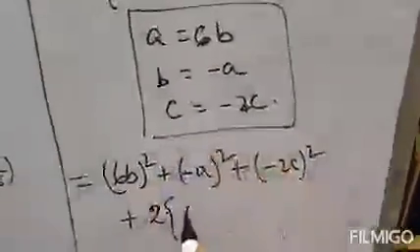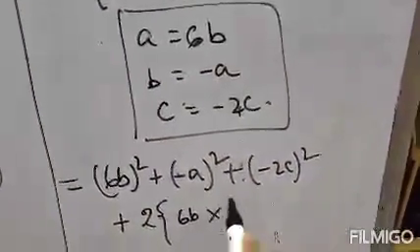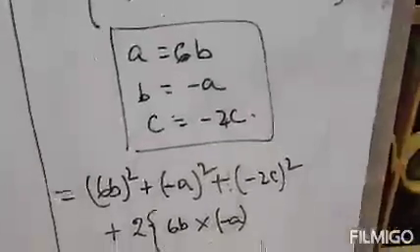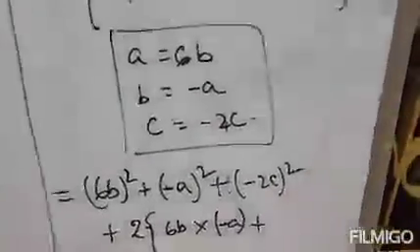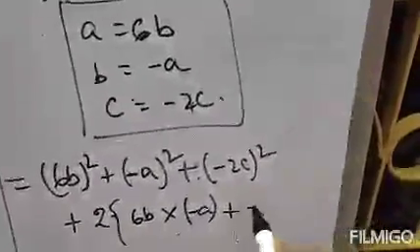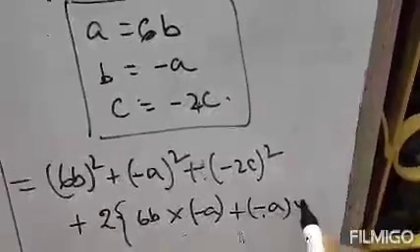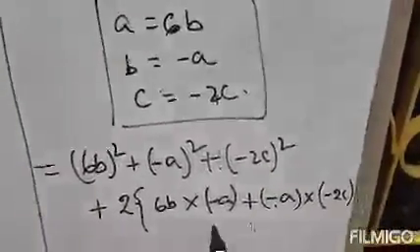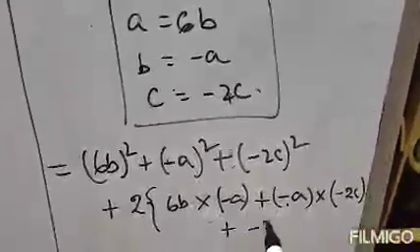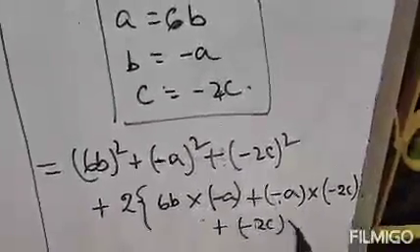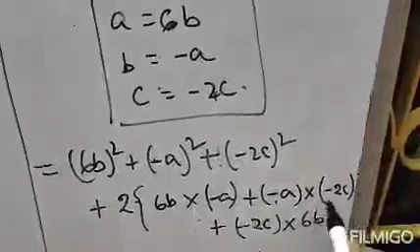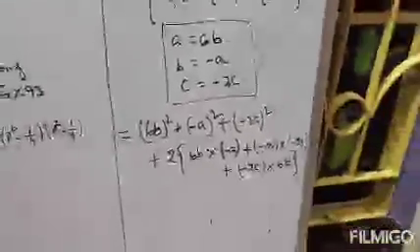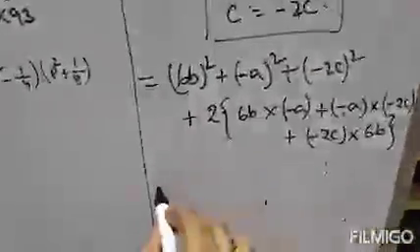Clear? So a is 6b, into b, this is b, so ab plus bc. So b is minus a, and c is minus 2c, so bc plus ca, c is minus 2c, and a is 6b. So do the sum.